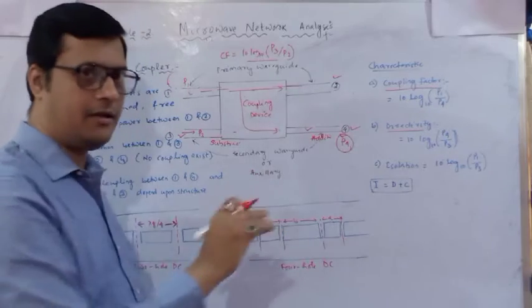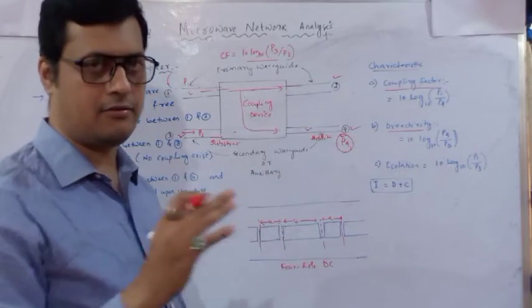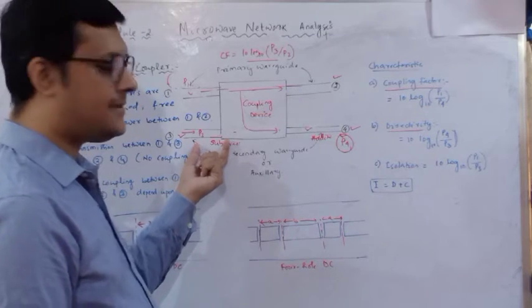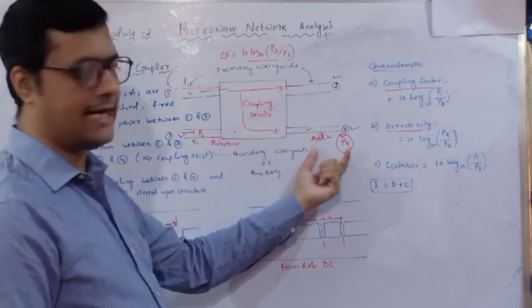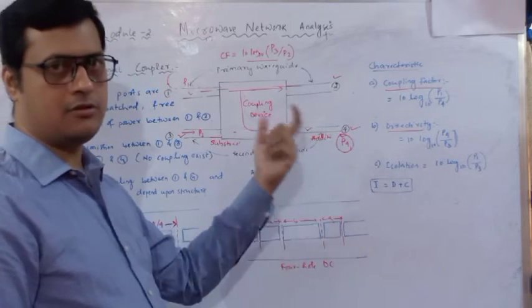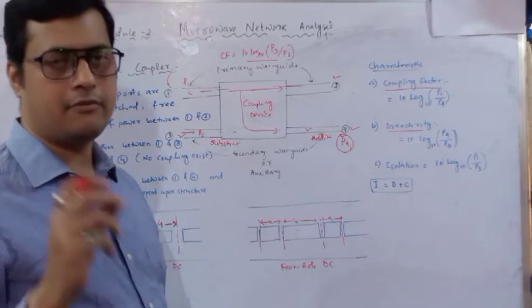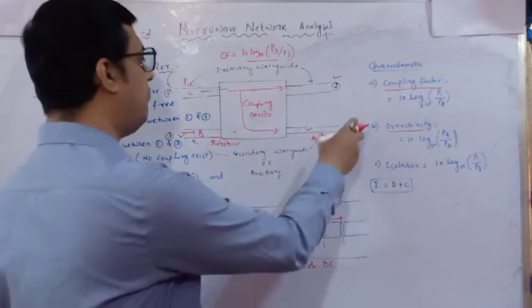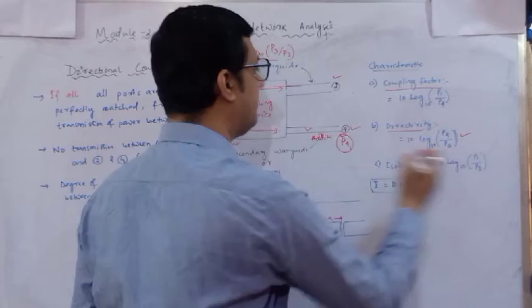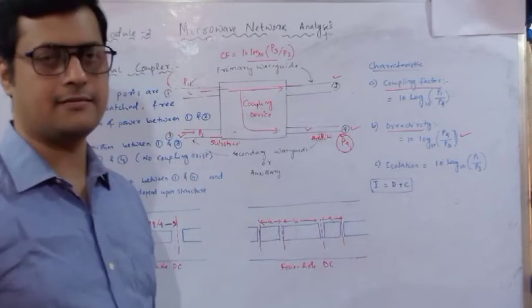Okay, for the time being, only these two factors you just know. I will derive all those things in the next class. So this is called a subtractive port, this is called an additive port. In additive, the power is available, so the directivity gives a relation between the additive port with respect to the subtractive port. So this is called the directivity of couplers, directional coupler.